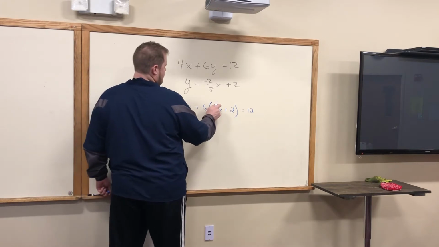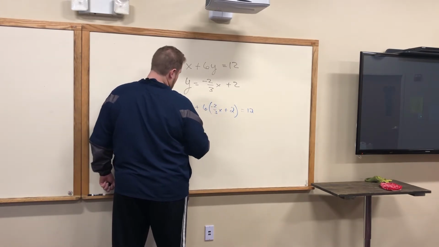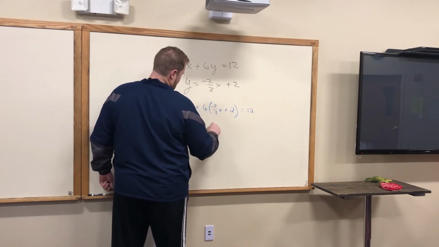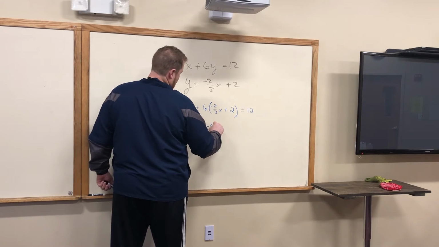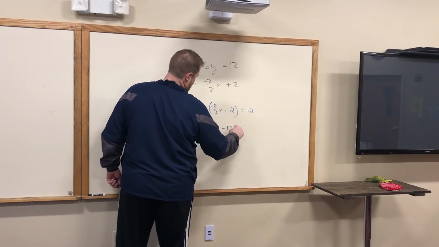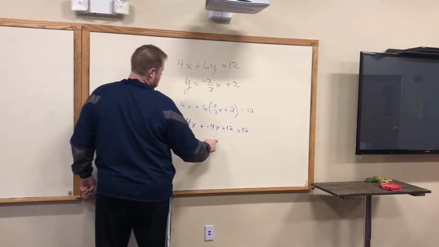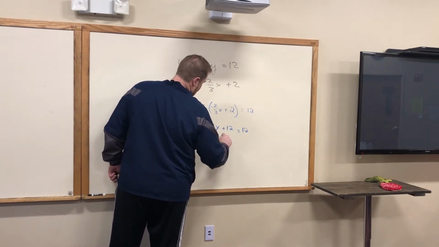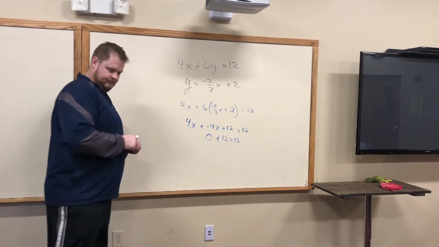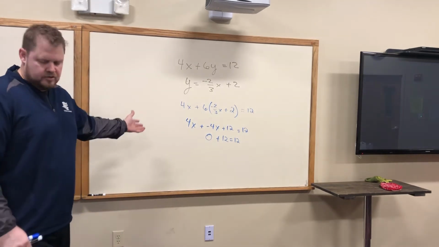So 6 times 2/3 is going to give me a negative 4x plus 12 equals 12. 4x minus 4x is going to give you 0 plus 12 equals 12. So what do we have? So it's true, right?